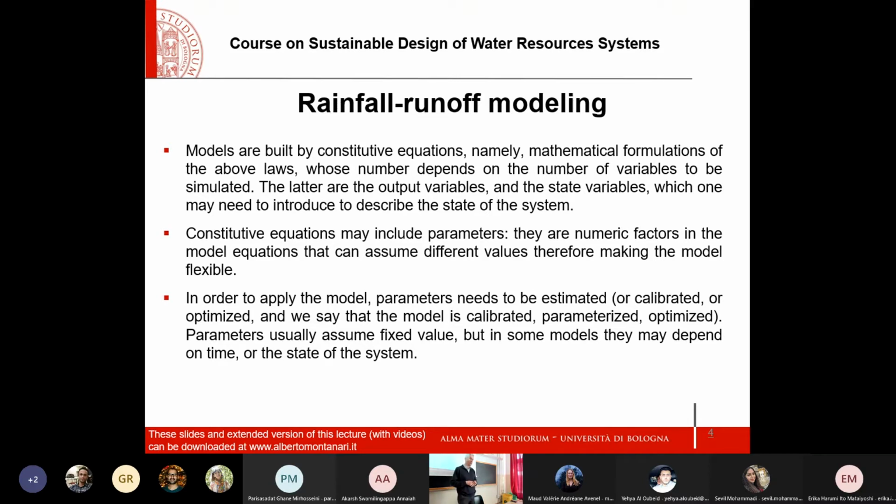And how do we make a law flexible? Through parameters. Think of the conservation of energy. You have to quantify energy losses, the friction of water against the riverbed. And let's adopt a parametric relationship.